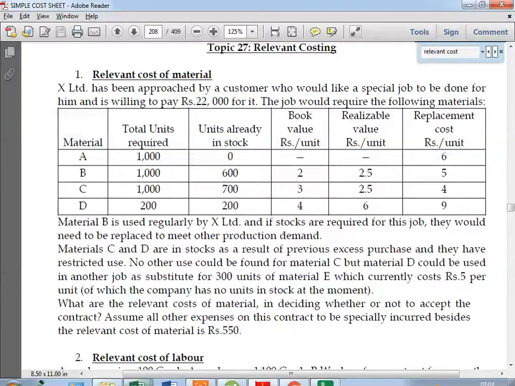Now come down. Material C. Material C is partly in stock. Full stop.